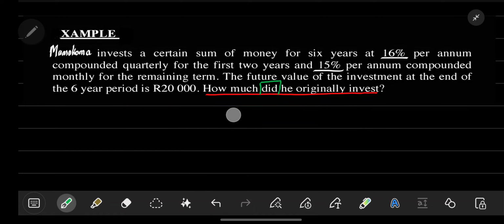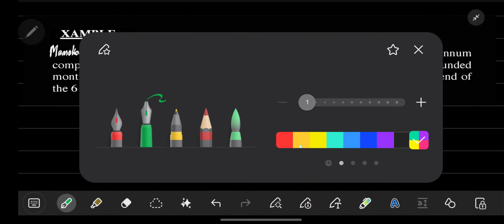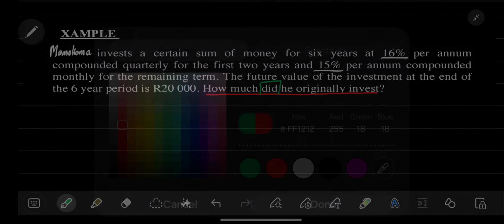Okay, so now let's quickly go through this text. Mamokoma Gomi invests a certain sum of money for 6 years at 16% per annum. So the money was invested for how long? For 6 years.